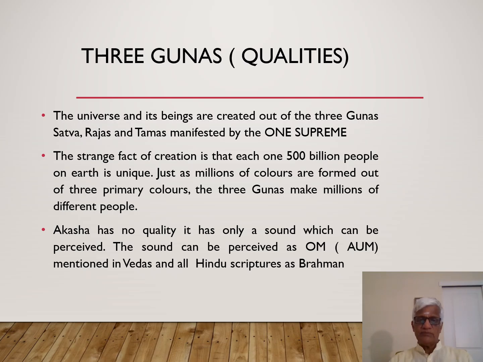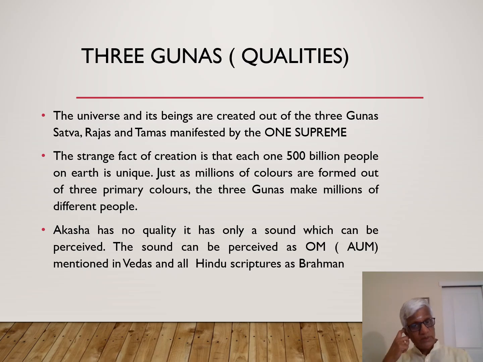Now, in the time of creation or in the time of other Panchakrityas, which we talked about earlier, the one supreme cosmic force tends to disturb these three gunas, by which the entire creation takes place and sustains.